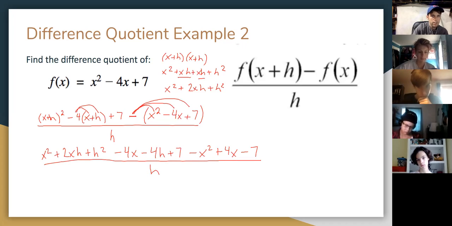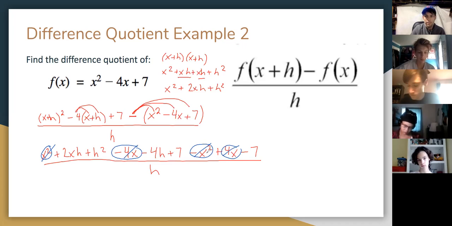I'm going to change the color just because there's going to be a lot of stuff that cancels out. So hopefully there's a lot of stuff that cancels out. So I've got x squared here and negative x squared here. So those together make 0. Get rid of those. I have minus 4x and 4x.